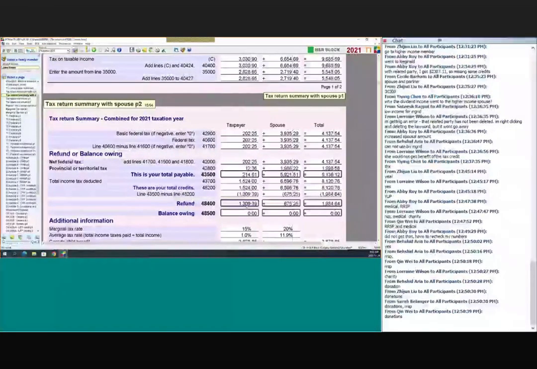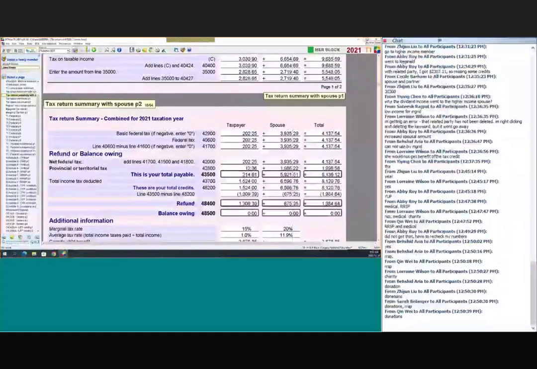You'll notice that the refunds have changed. So Jane's refund has gone up from $1201.67, but her husband's has gone down from $822.98 to $675, and the total refund that they received is now $1984.64.